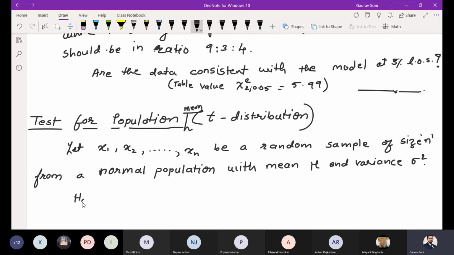Our H naught, the null hypothesis, is that the mean of this population is mu naught, and my alternative hypothesis is that the mean is not equal to mu naught.